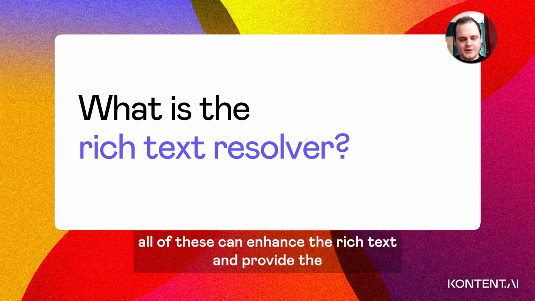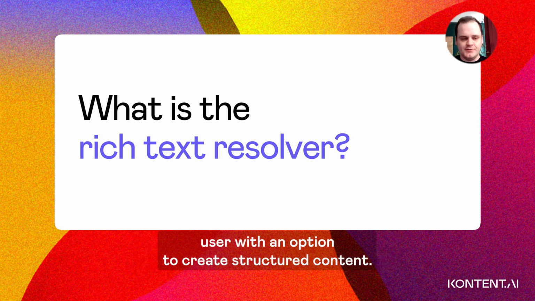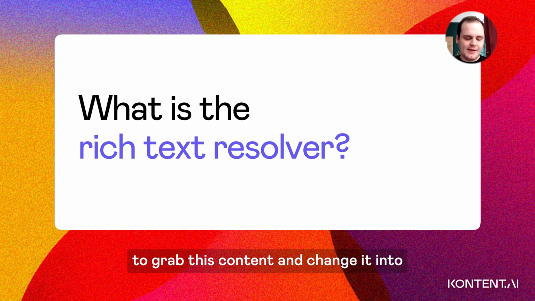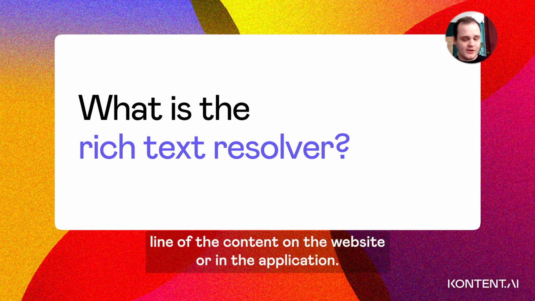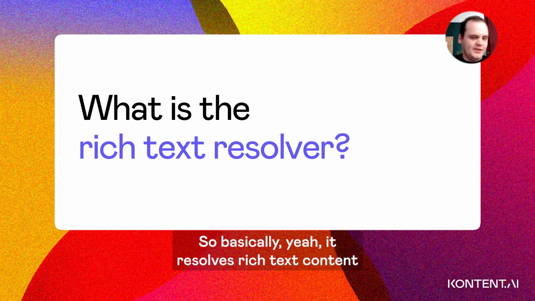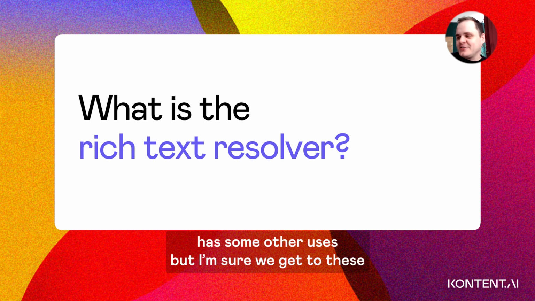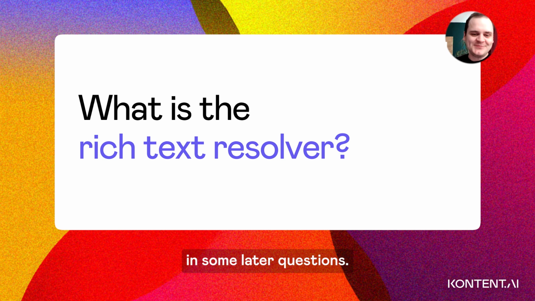All of these can enhance the rich text and provide the user with an option to create structured content. And the resolver tries to make it as easy as possible to grab this content and change it into the desired output that would fit the line of the content on the website or in the application. So basically, it resolves rich text content. But it also has some other uses, but I'm sure we'll get to these in later questions. Yes, yeah.